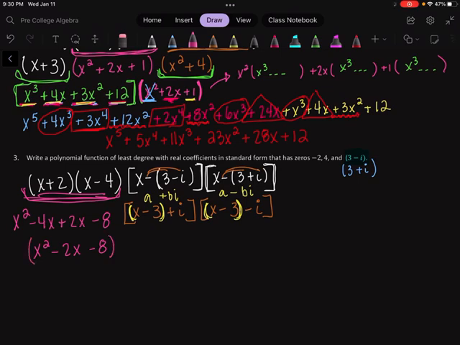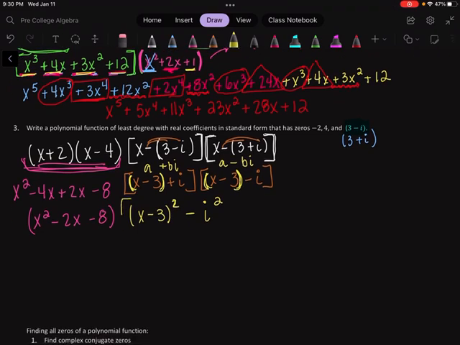Okay? So what I mean by that is I can do x minus 3 squared minus i squared. Works out kind of nice, doesn't it? What is i squared? We know that i squared is negative 1.